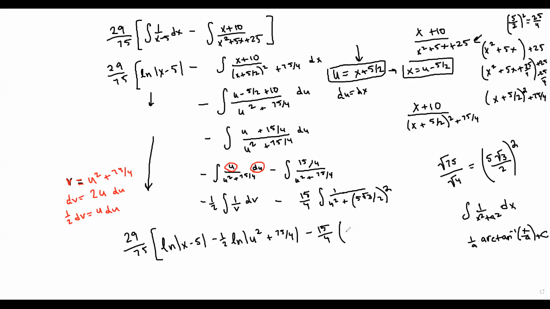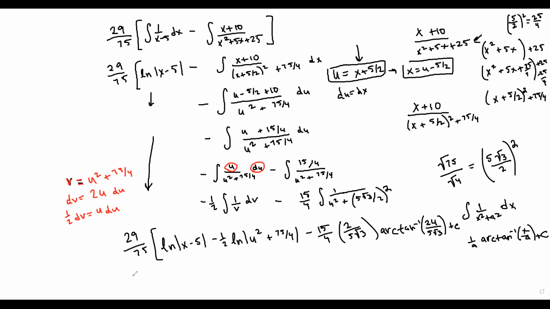But we have no fear because we can just find the reciprocal of that, which would be 2 over 5 square root of 3. And then we'll say times the arctangent of u divided by a, which I can multiply by the reciprocal. I know it's excessive, plus c.